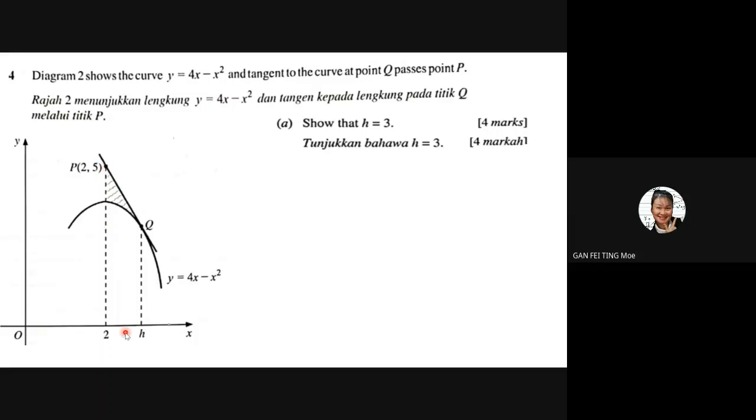This is the point. The x coordinate for point P is given as 2 and y is 5. That's why P is (2, 5), the coordinate. So the line is a tangent to the curve at point Q. Show that h equals 3. How do you show that h equals 3?